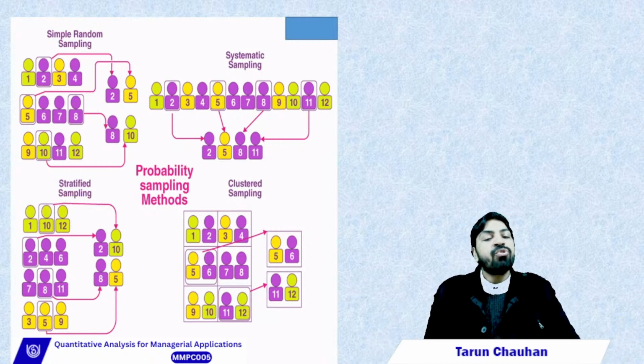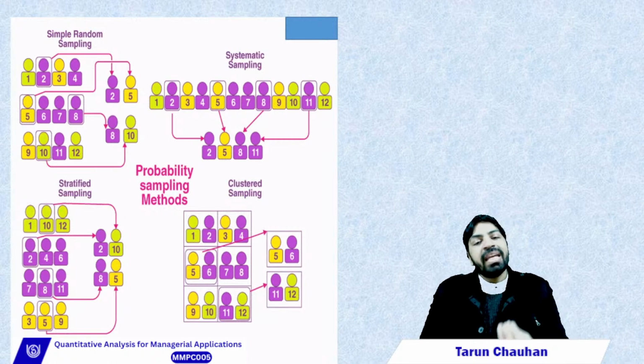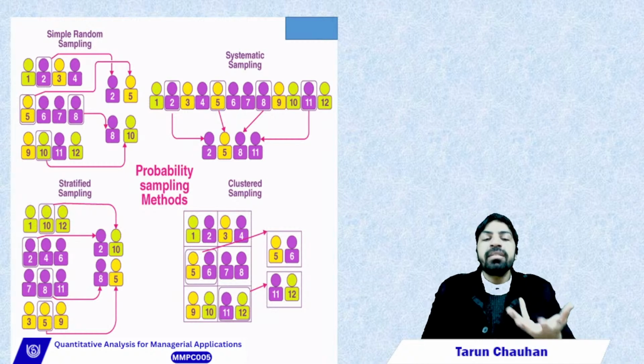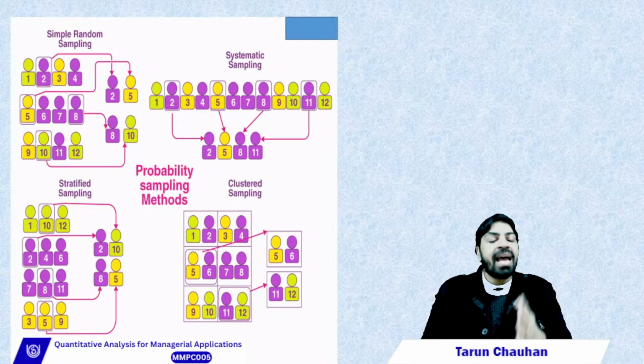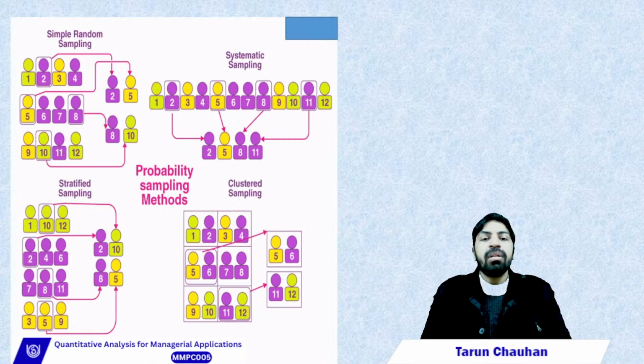There are around 12 samples, and out of the 12, according to our random selection, we have chosen only 3 or 4 branches or locations or states, because these states, locations, branches are called clusters. So if there are 12 states and we have chosen 4 states, then those 4 states are the clusters. So that is called cluster sampling.